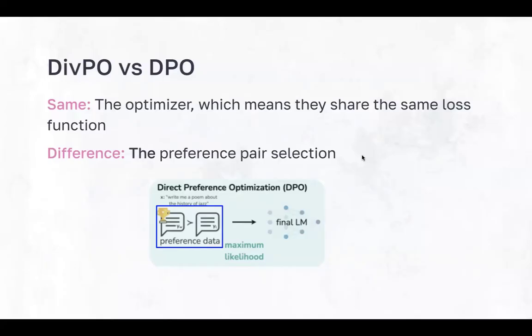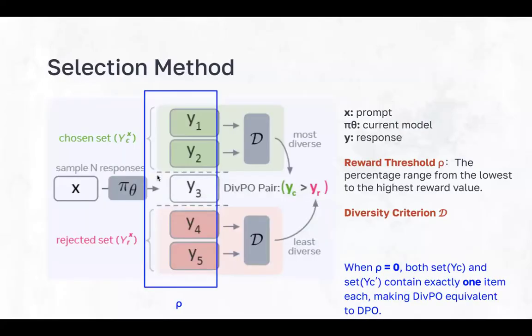You can say that before, we usually just did the chosen and rejected selection. But in this method, we also add a diversity criterion, and we also set a reward threshold rho.